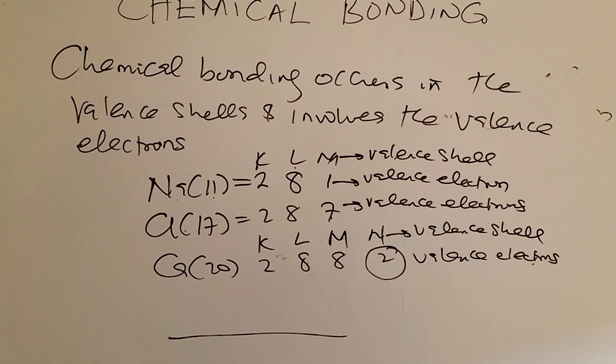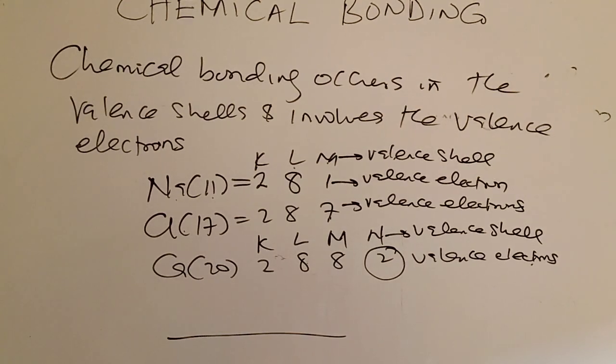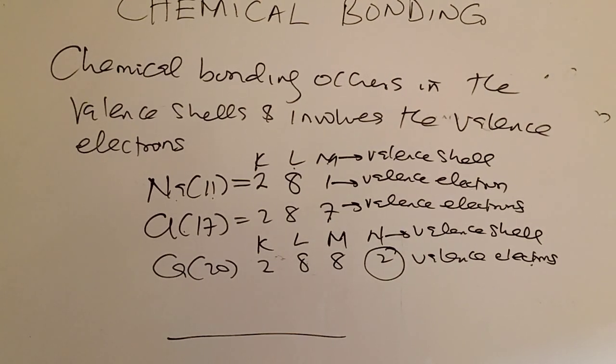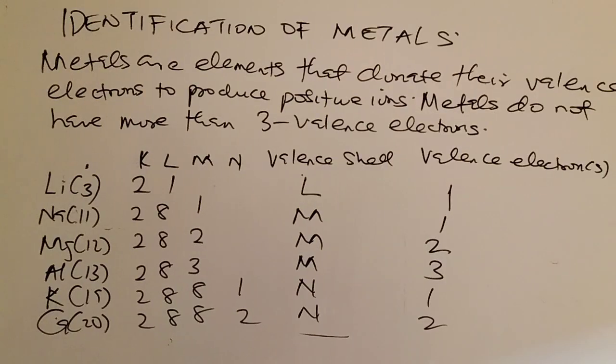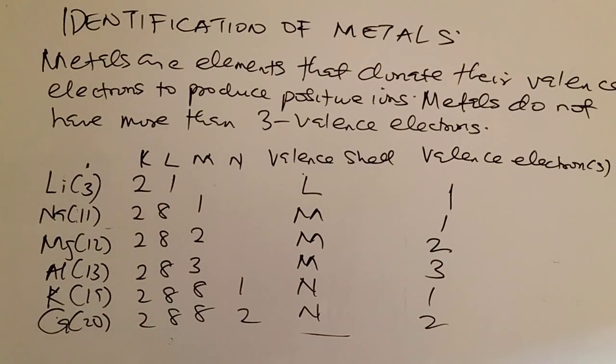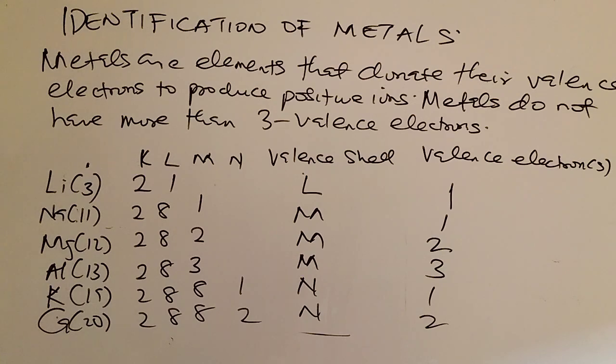So having done that, we'll now go over to identify metals and non-metals. Before we go into the different types of chemical bonding, we have to identify metals and also non-metals, especially in the first 20 elements. So what are metals?